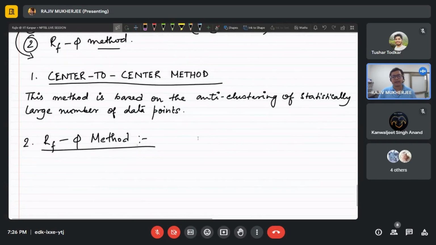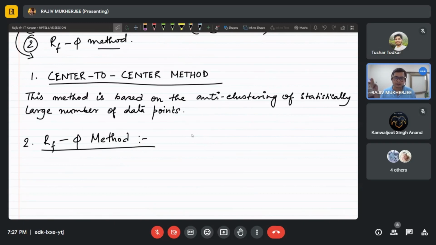Since just a minute back I talked about R, the aspect ratio, R most probably symbolizes the aspect ratio of the markers. Now what is phi? Phi is the angular orientation of these markers. So the main thing the center to center method doesn't consider is the angular orientation of these different markers.